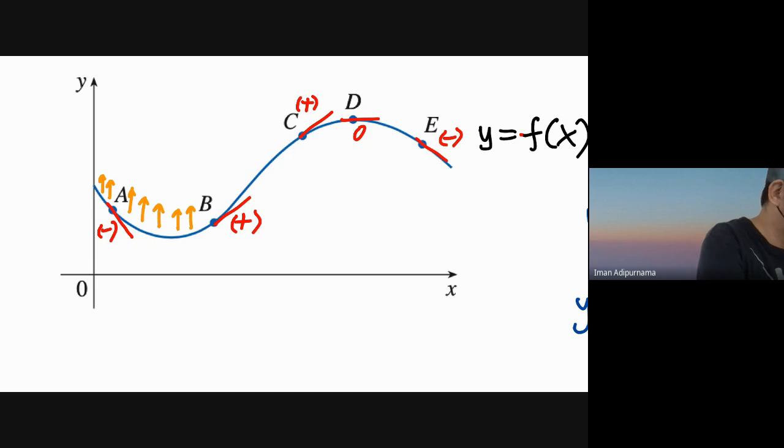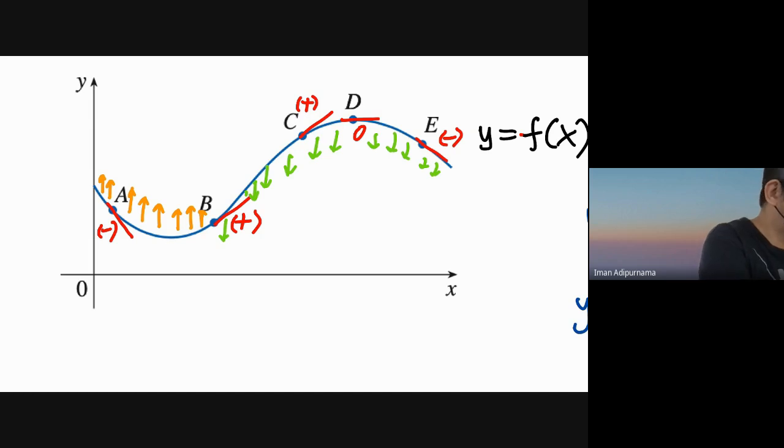Because from B you will see the slope is changing, and the concavity is changing too. So it's going down, which means concave downwards.